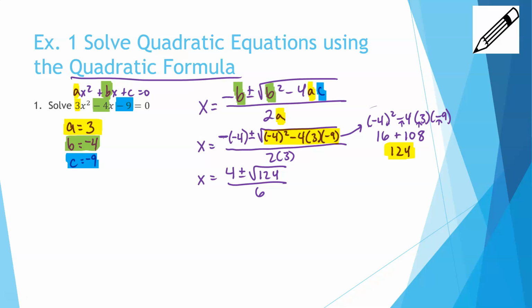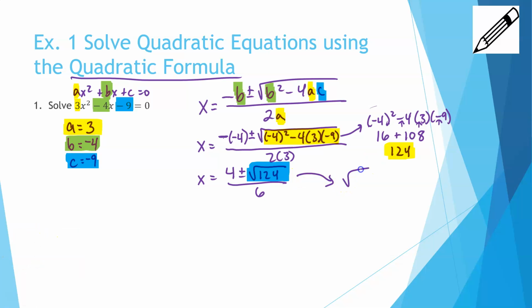Having said that, in this case, we are now going to talk about simplifying radicals. This is a previous skill that we should have, but I realize we don't always remember. So I want to take just a second to do that as a side note as well.